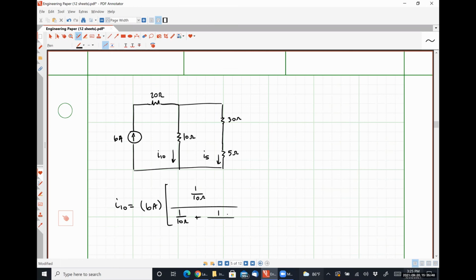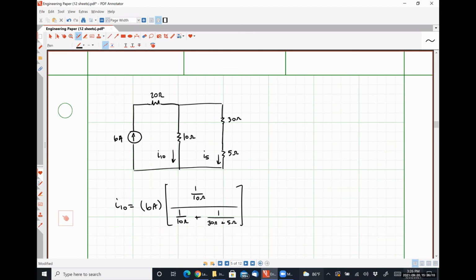Yeah, 1/30 plus 5. Or 1/35, however you want to do it. So we effectively treat those two resistors in series as a single equivalent resistance that is in parallel with our resistor of interest.